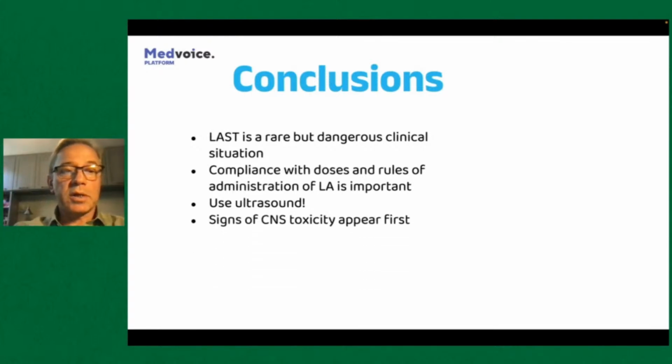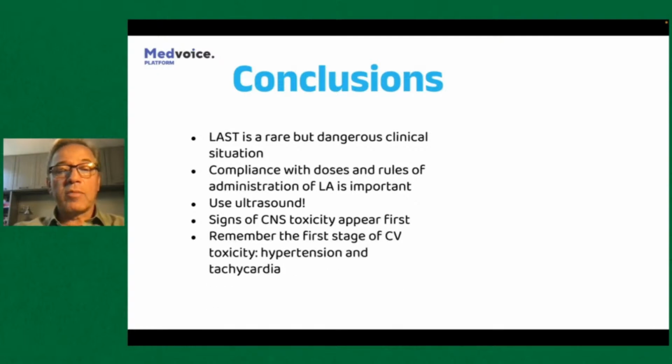Remember that normally the signs of CNS toxicity appear first, so look for the signs of CNS toxicity. If your patient tells you they've got circumoral numbness and tingling in their tongue and in their lips, be very careful, stop injecting. Remember, the first stage of CNS toxicity is hypertension and tachycardia.